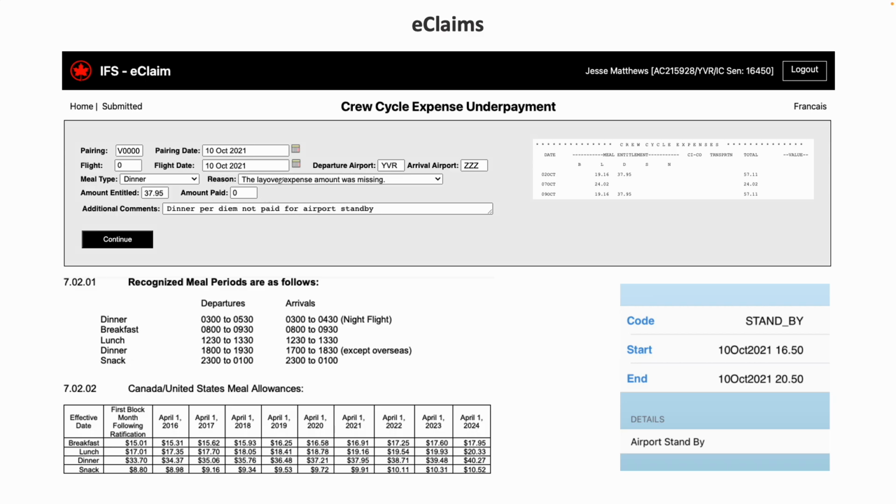Otherwise, it would just be layover expense amount missing and the amount entitled. The amount paid is 0. And then just to make it very clear, it's for an airport standby. In the comments, I put dinner per diem not paid for airport standby. And that way they also have context for why I've invented an airport code that doesn't actually exist.